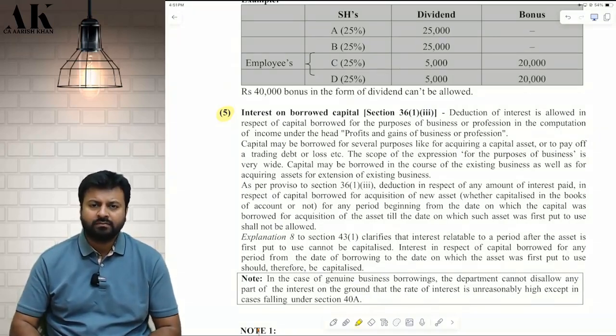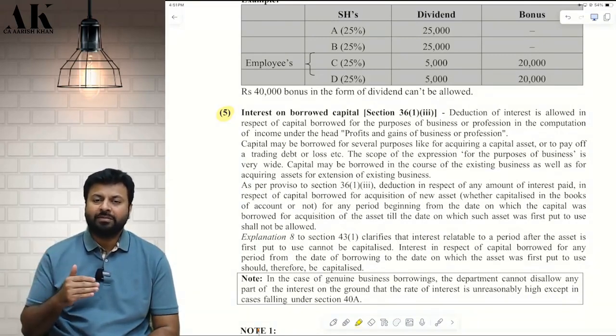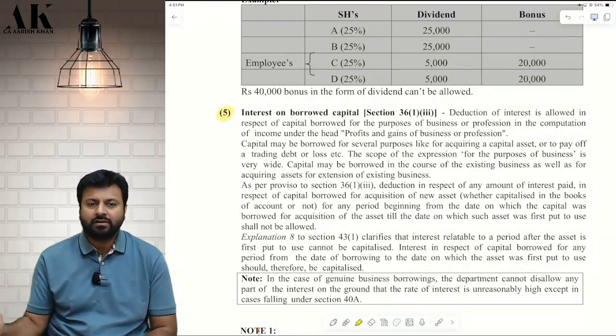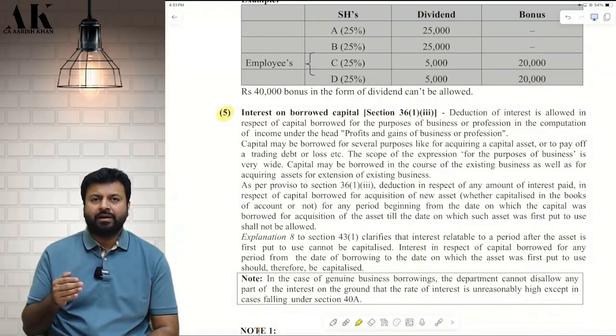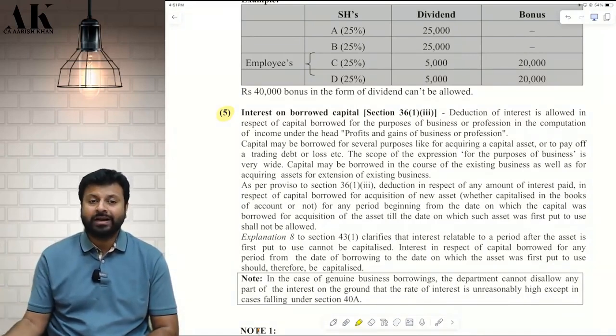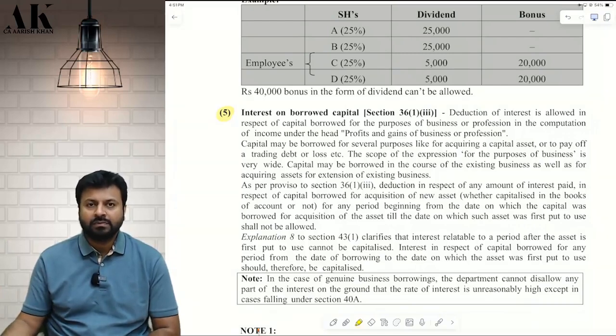Third, what if I took a loan from a related party and I paid extra interest? I have taken a loan from my related party and now I am paying more interest than market value. Now, can the assessing officer question or not? Yes, sir. Are there specific provisions to cover that? You have learned in CA Inter, yes or no?